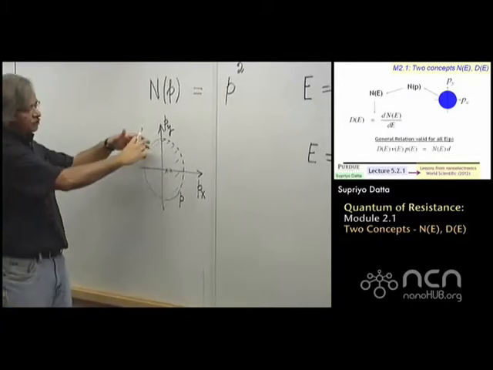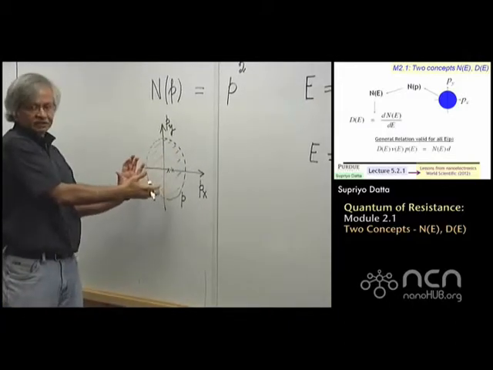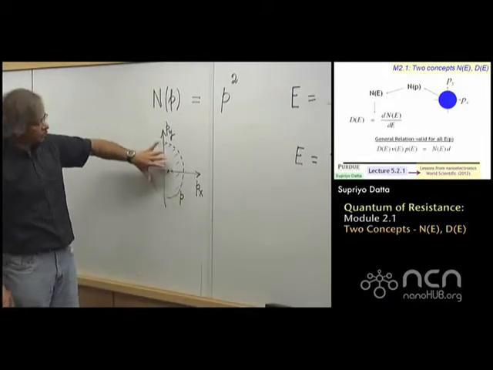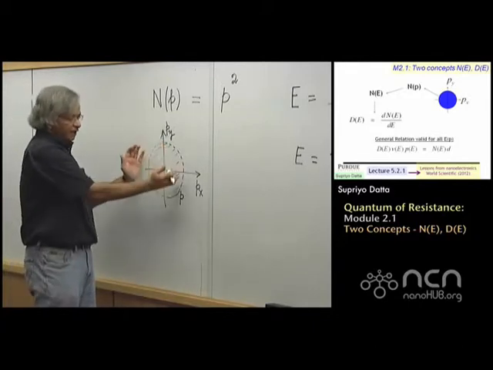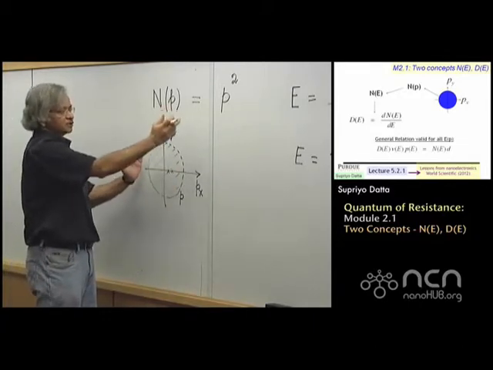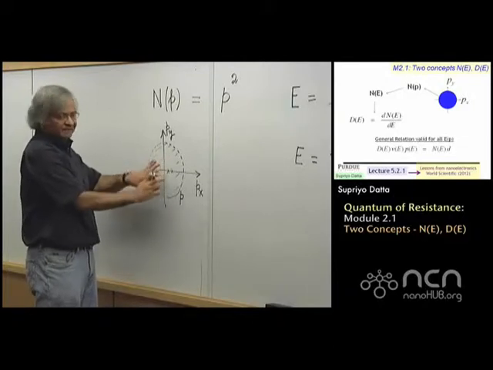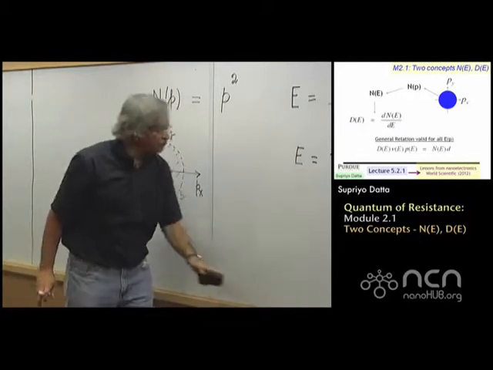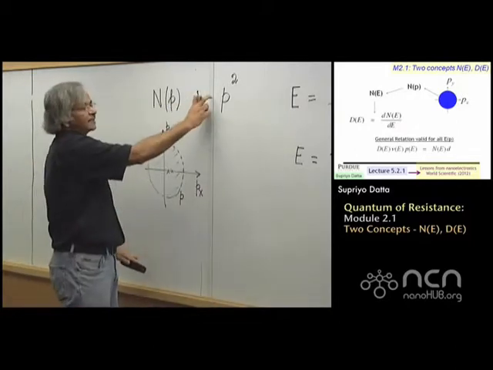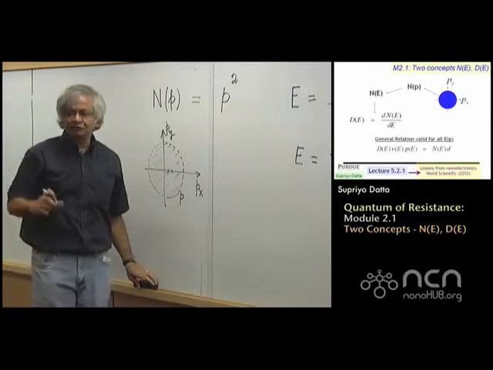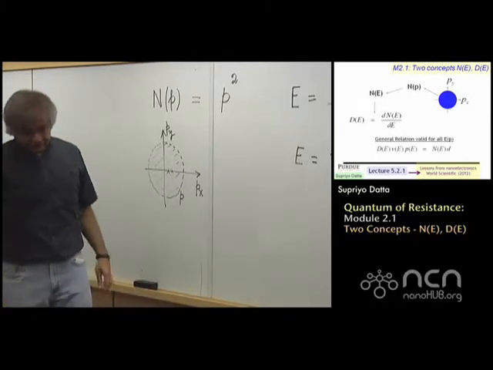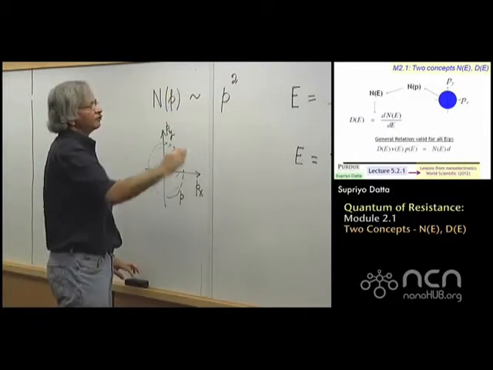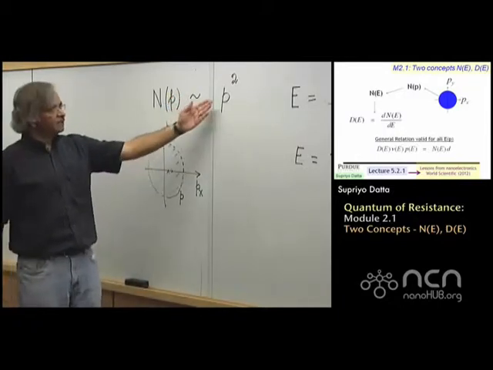Because if it's two dimensions, then the area of this circle is pi times p squared. So the area available is proportional to p squared. So if you assume that the states are uniformly distributed in here, then the total number of states should be proportional to p squared. Of course, exactly what constant goes in front, that's what we'll do in the next module.